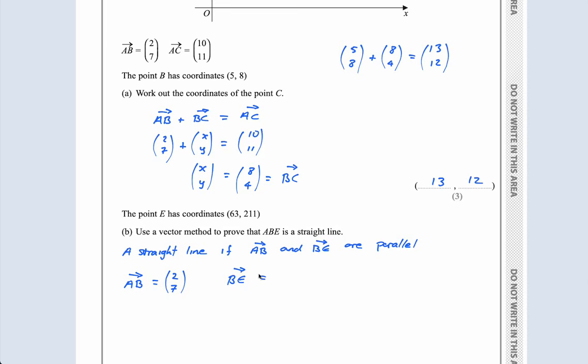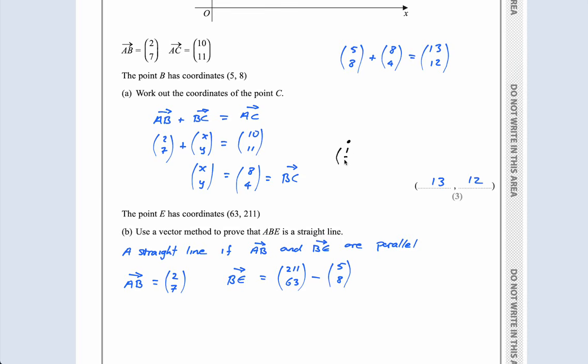is, to get BE, I can take away the coordinates. So I can go 211, 63 minus, that's E, and I'm going to subtract B, which I have is 5, 8. I can do that because if I subtract them, let me give you a random example here.